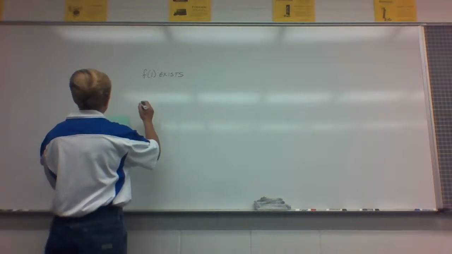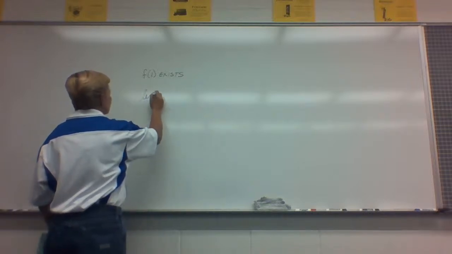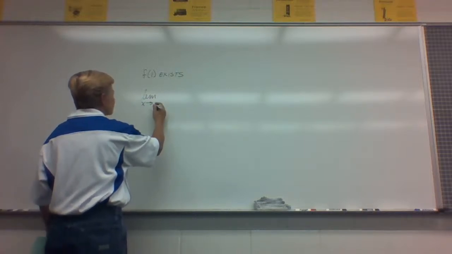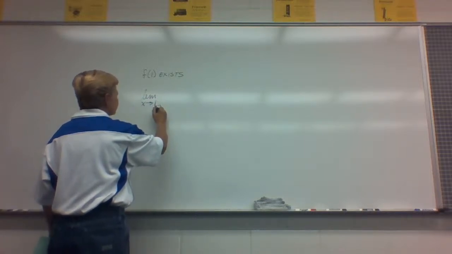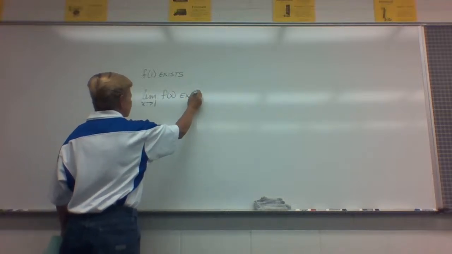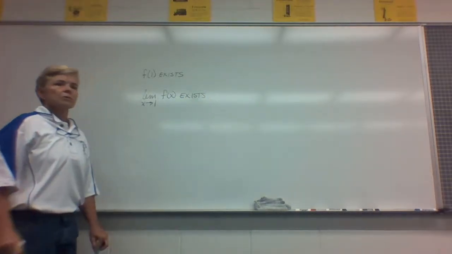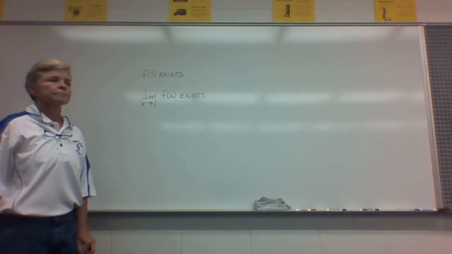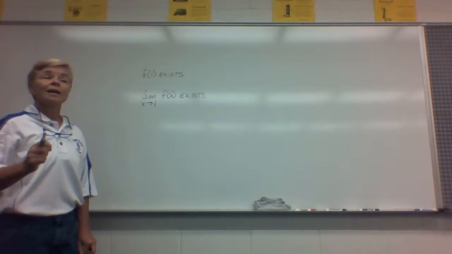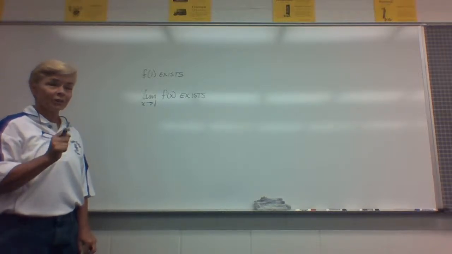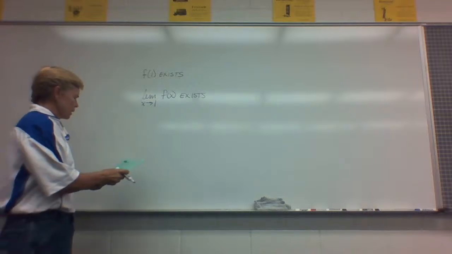The limit as x approaches 1 of f exists. Does that mean there's not a discontinuity at 1, those two together? No. But what type does it have to be if there is one? Removable. Very good, folks.